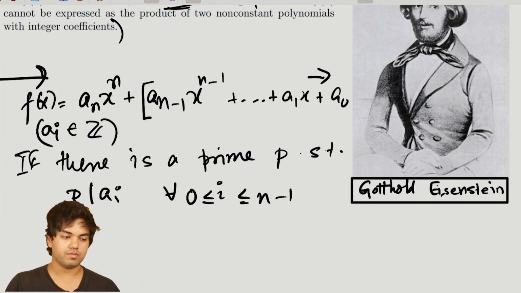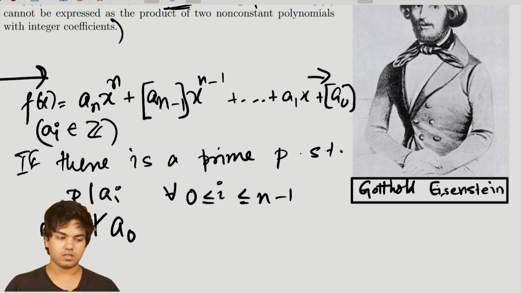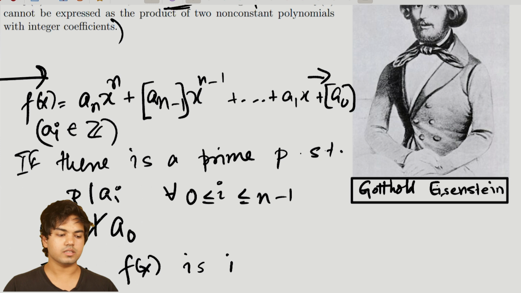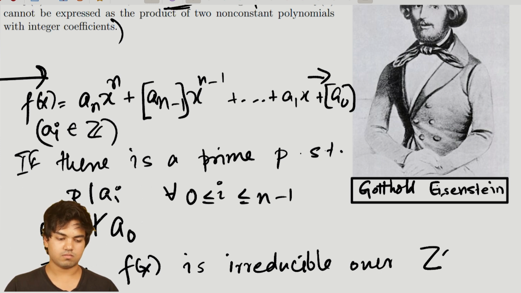So starting from this coefficient all the way up to the constant. If p divides all of them, and p squared does not divide the constant term a0, then f of x is irreducible over z, and hence by Gauss's lemma over q as well.